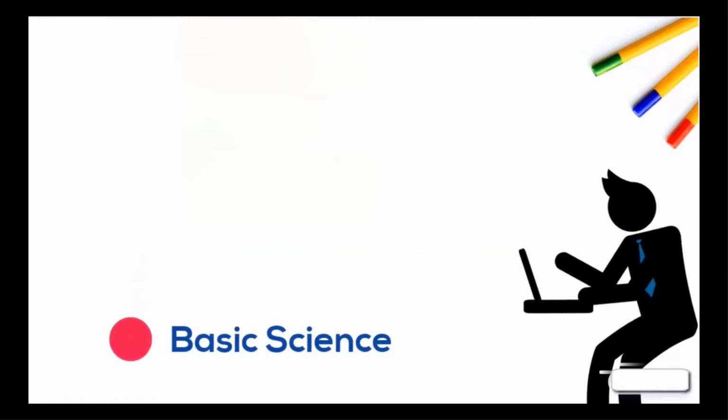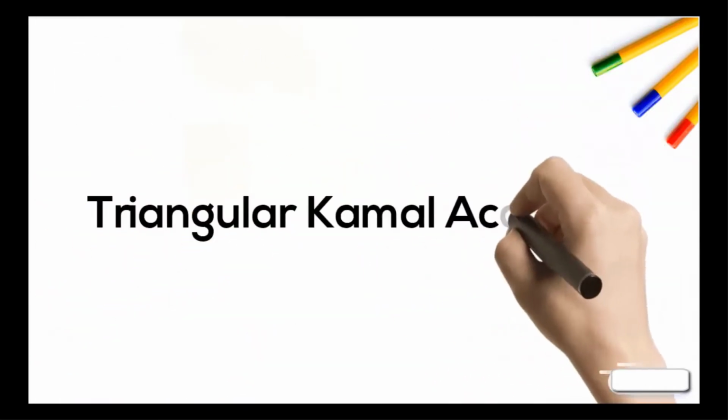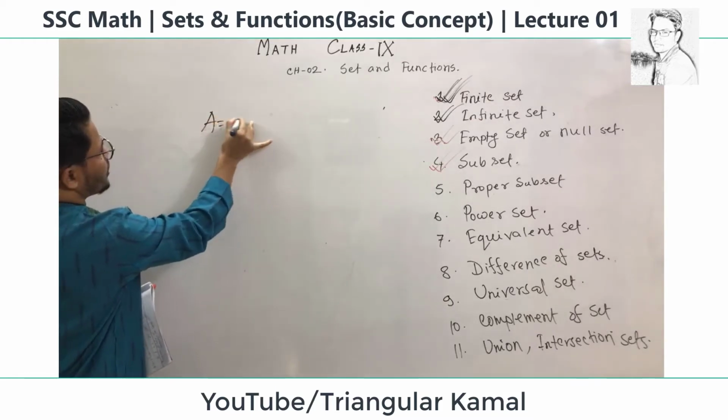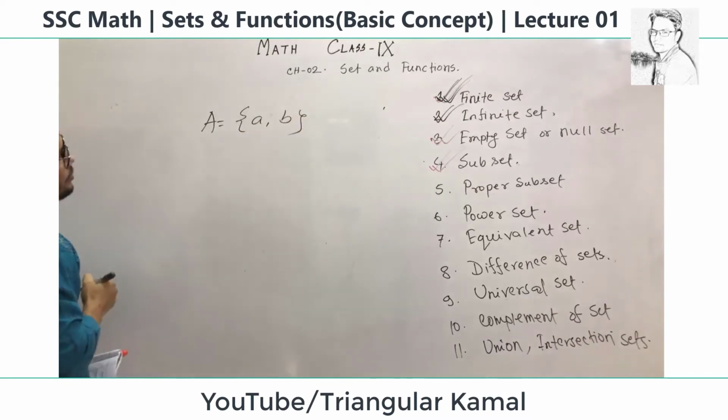Now the next topic is the subset. Like, a subset of A, where A is a set whose elements are A and B. How many subsets can we form here?